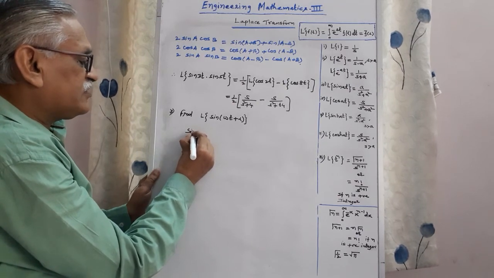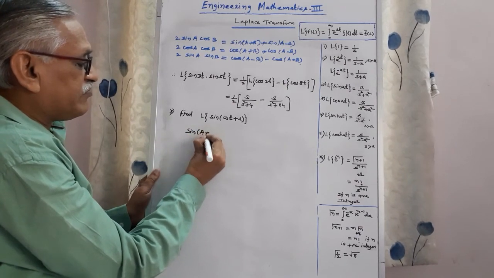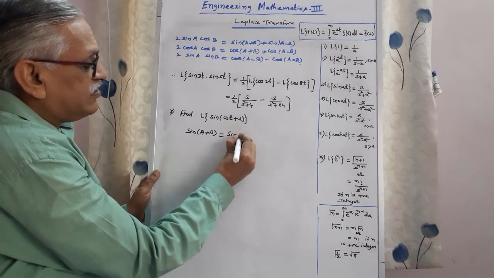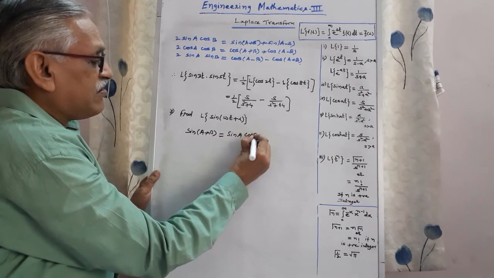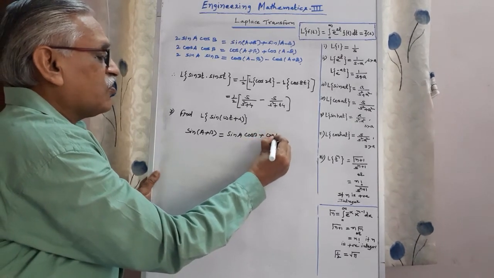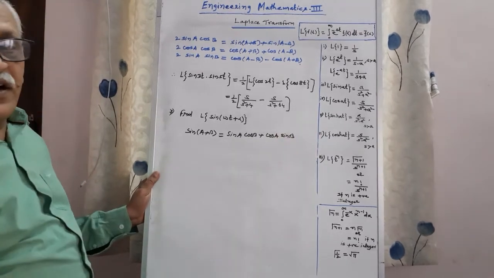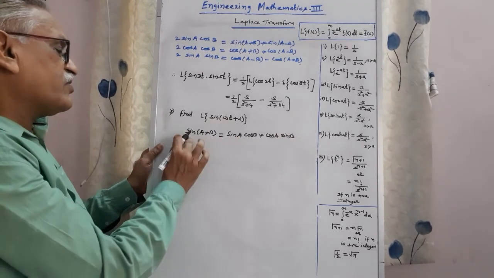We know that sin A plus B is sin A cos B plus cos A sin B, a standard trigonometric formula for the expansion.